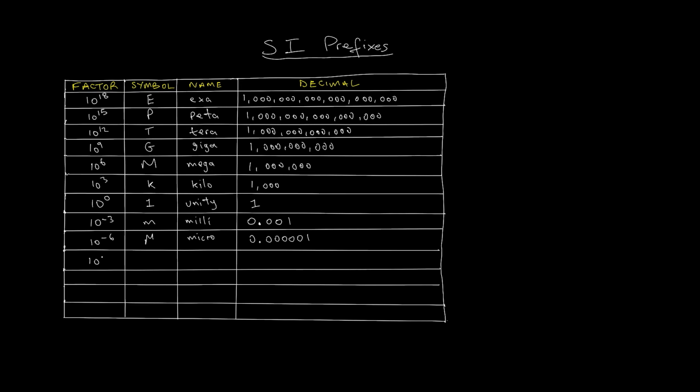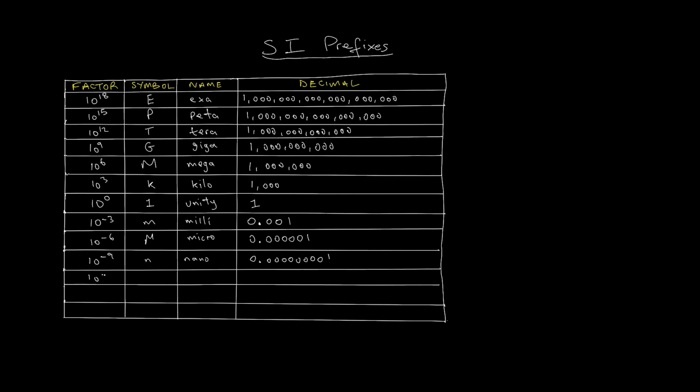Progress further, 10 to the minus 9. There's a little n. Many of you will know this as nano. So a 0 is one of them, followed by the other 8 zeros: 1, 2, 3, 4, 5, 6, 7, 8, and then the 1.